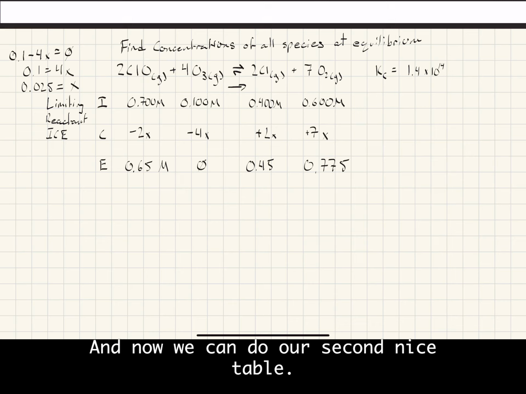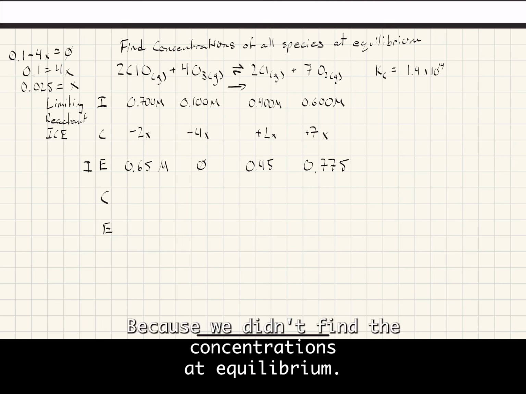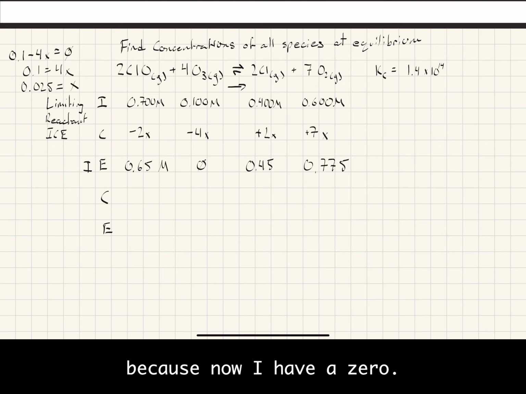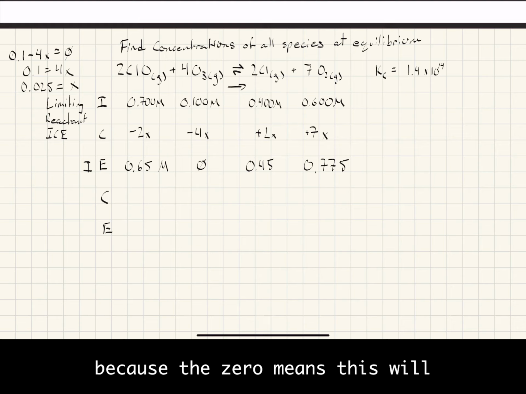And now we can do our second ice table. Because we didn't find the concentrations at equilibrium. In fact, we probably moved farther away from equilibrium because now I have a 0. But we're doing it with a purpose because the 0 means this will now shift to the left.